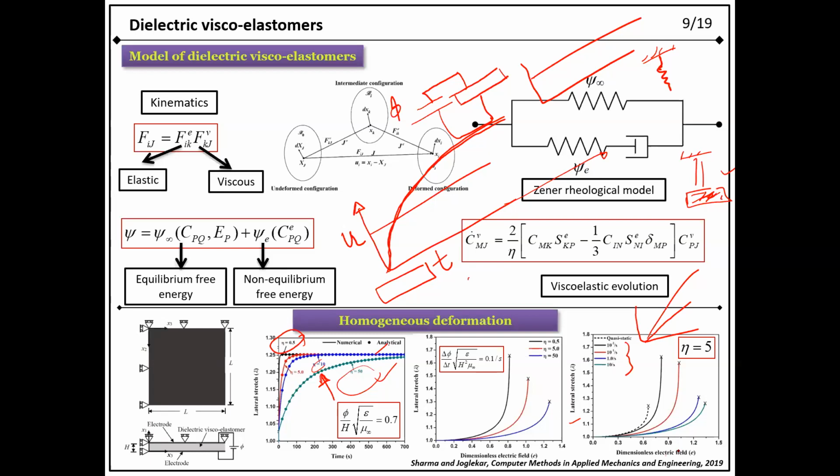If we have a lower loading rate, in that case we will have a higher voltage requirement, and also the critical electric field will be less, and the deformation level will also be higher for the case of the lower loading rate.